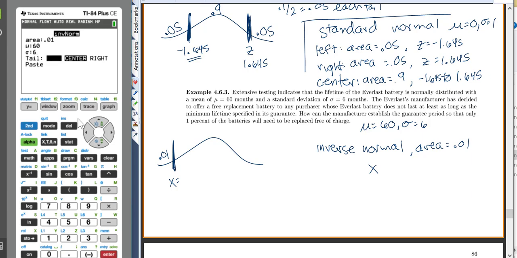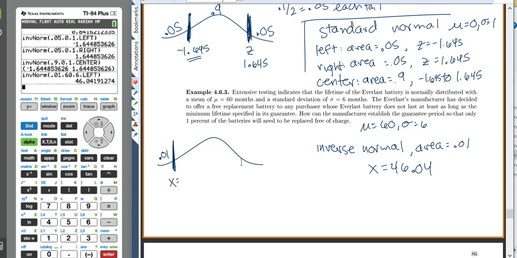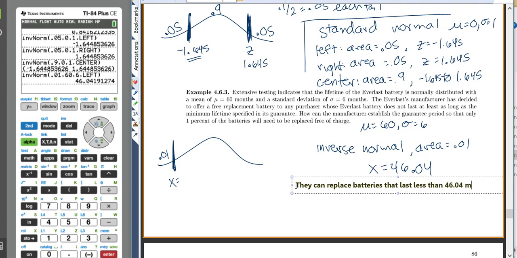My standard deviation is 6, and I want the left tail. So x equals 46.04. So they can replace batteries that last less than 46.04 months. And that will be just 1% of batteries.